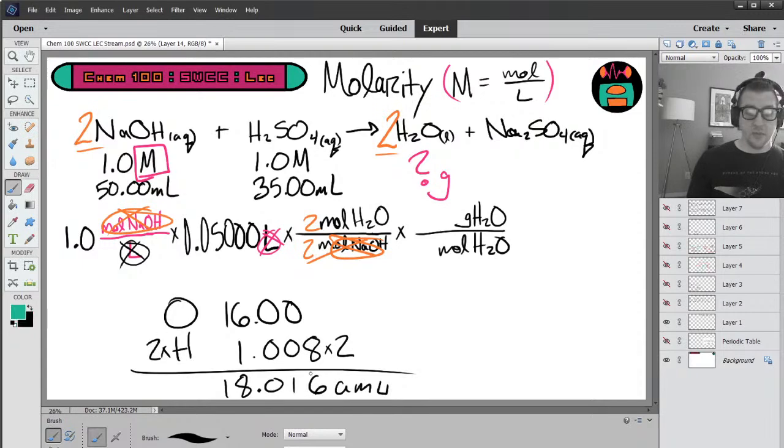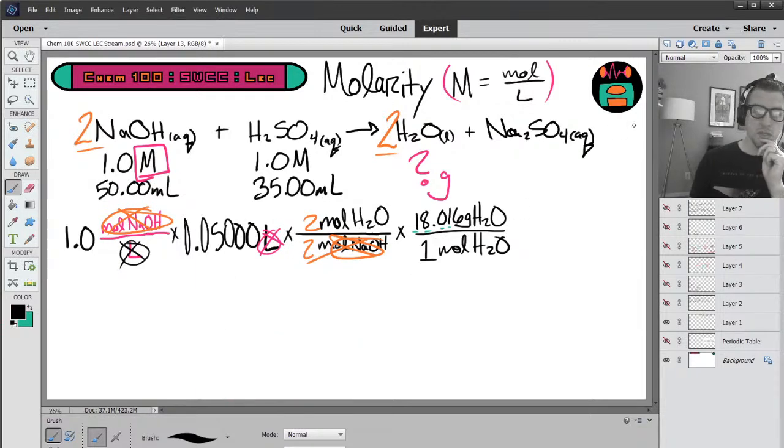Using the numbers that I'm using, our last sig fig would be the second decimal place. So this number has 4 sig figs: 18.016, 1, 2, 3, 4 sig figs. And 1 mole. Now, moles of water cancel. We're left with grams.